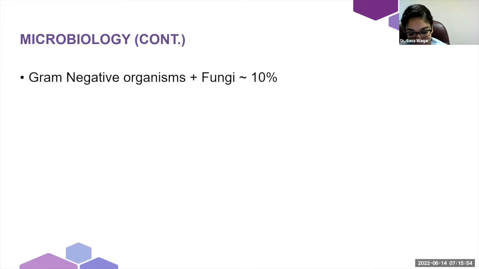Typically, when we see patients with gram-negative bacteremia or fungemia, we don't jump to a TEE, which is a transesophageal echocardiogram. But if you have somebody with persistent high-grade bacteremia, it should raise suspicion and you should go on to get a TEE.